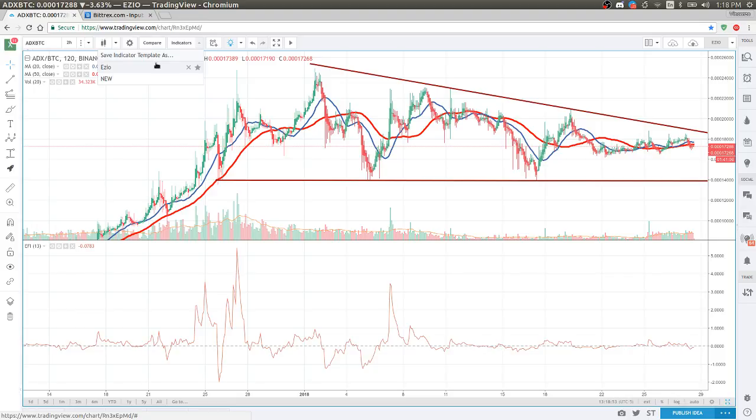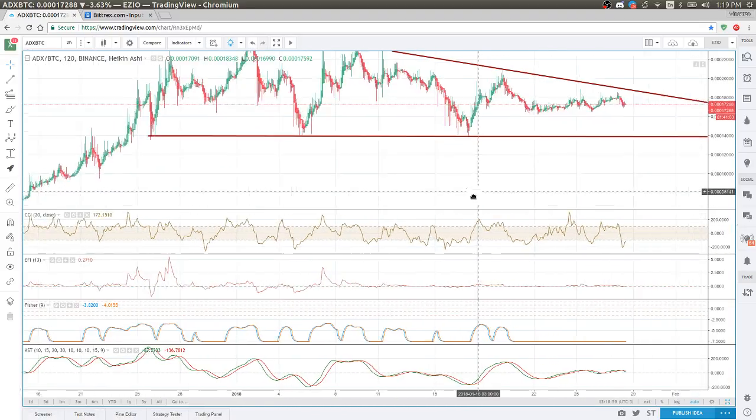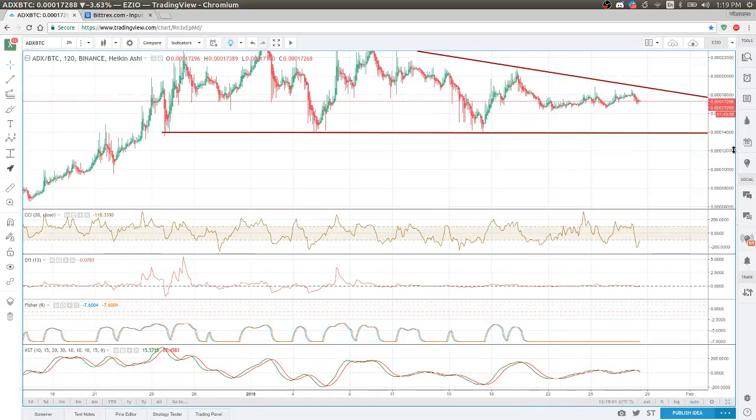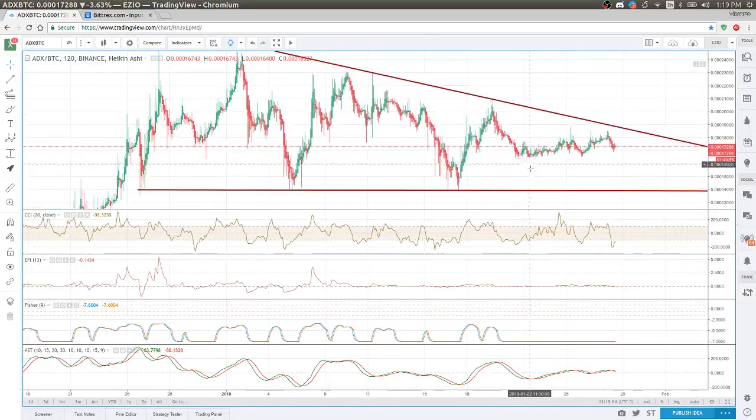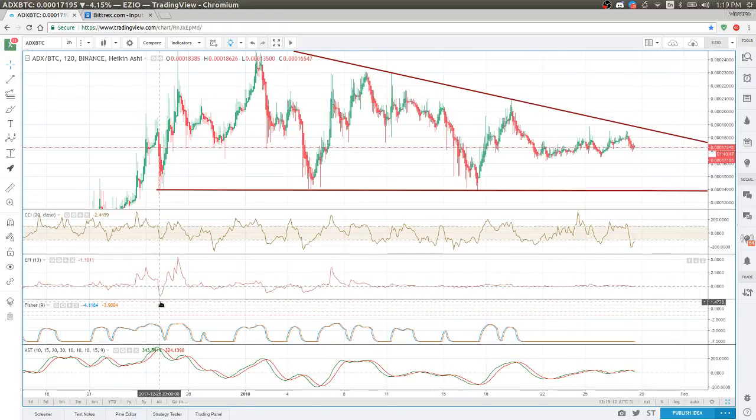But sometimes I just go with the flow, so I select my indicators and I try to see what I see, because that's the best way to learn, if you just try to discover things by yourself first. If I see this indicator right here, EFI is pretty low, and it's pretty low every time the chart really gets lower.